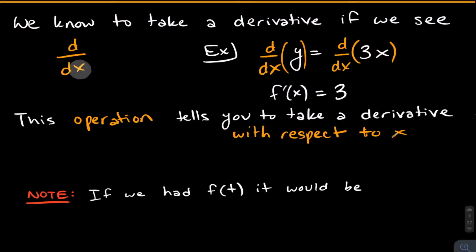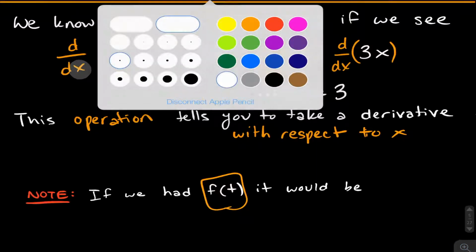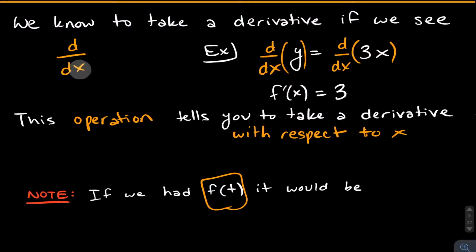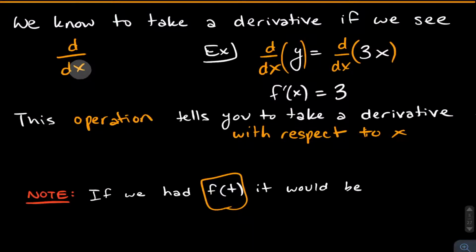So following that same logic, if we had f of t, and we took a derivative of that function, what notation would tell us to take a derivative of that function? It wouldn't be d over dx because we have a t, right? It's f of t. So it would be d over dt, right? So that's kind of the idea here.